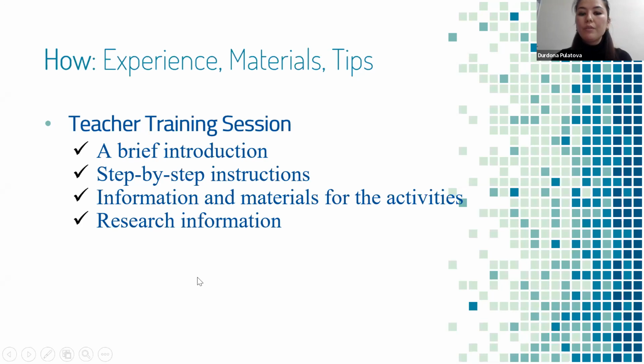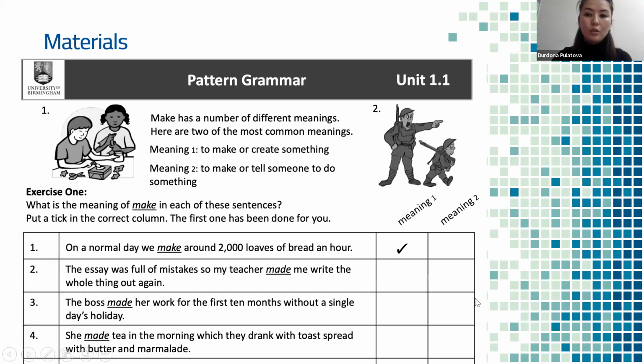After a brief introduction and step-by-step instruction, we then shared the information and materials for the activities. I gave them this pattern grammar exercise, all of it based on the corpus.